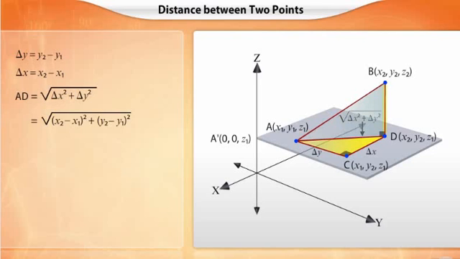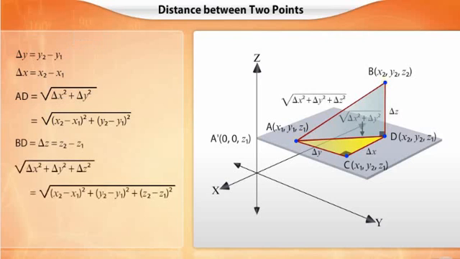Since BD is parallel to the z-axis, we have BD equal to delta z, which is equal to z2 minus z1. By using Pythagoras theorem, we get AB equal to the square root of the sum of squares of the two sides AD and BD, which is equal to the square root of the sum of the squares of delta x, delta y and delta z.